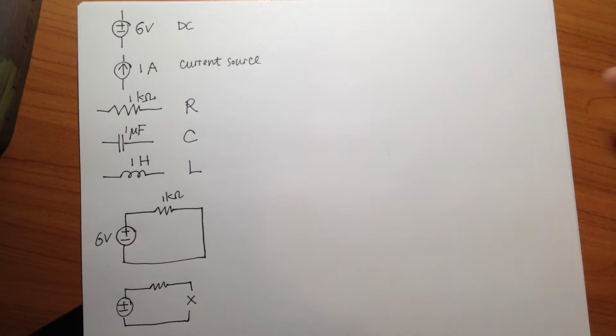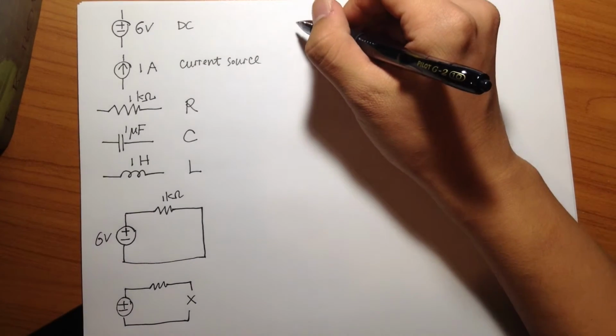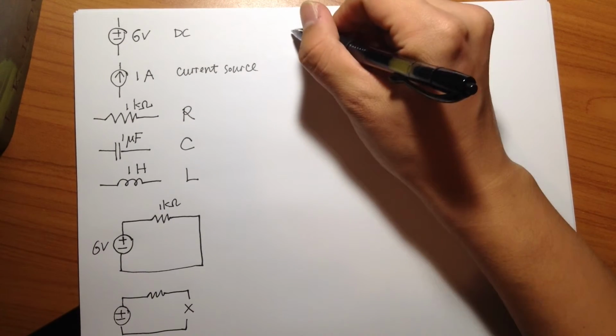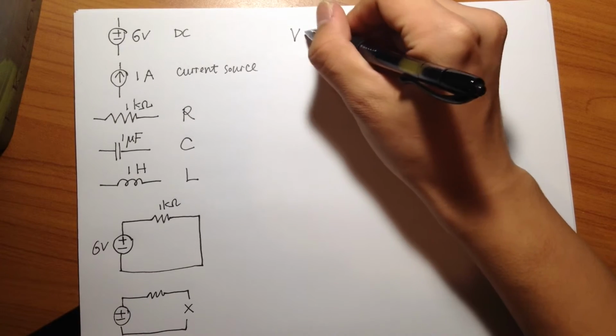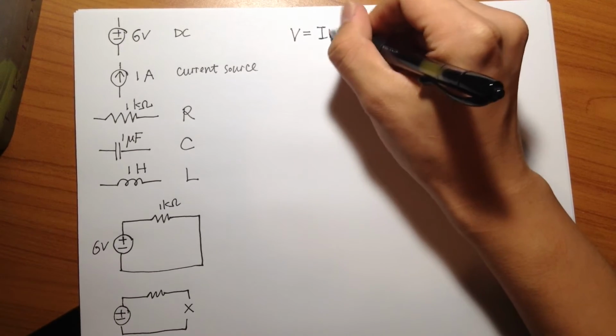And then we have some basic relationships that we will be using to calculate the values that we want to know. First is V equals IR.